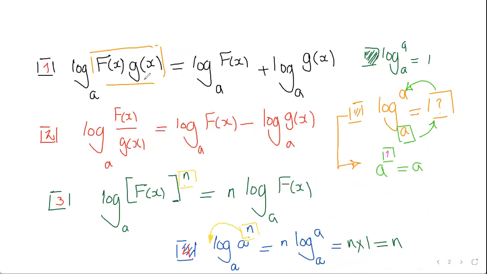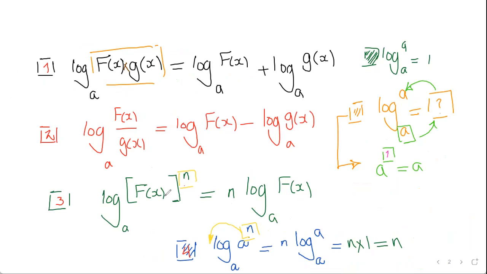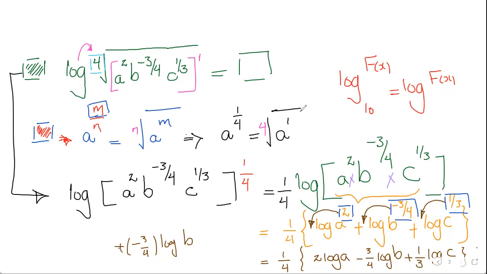Identity number one: if you have log of two functions multiplied, they are decomposed into the sum. And that's the reason. Identity number 3: I have an exponent, and the exponent falls as a coefficient.